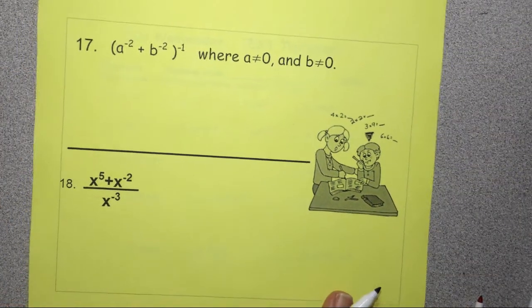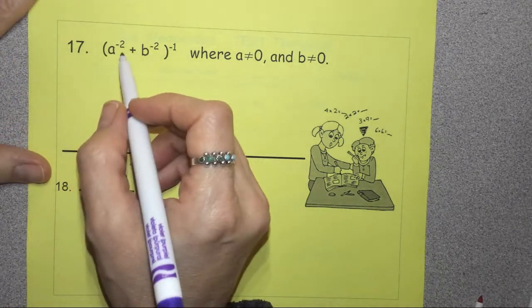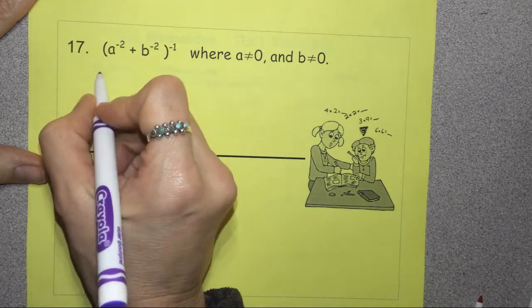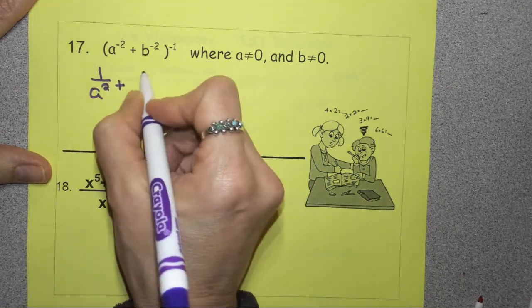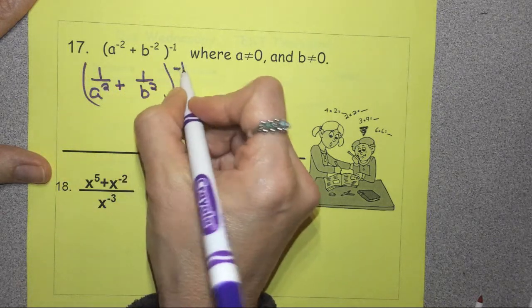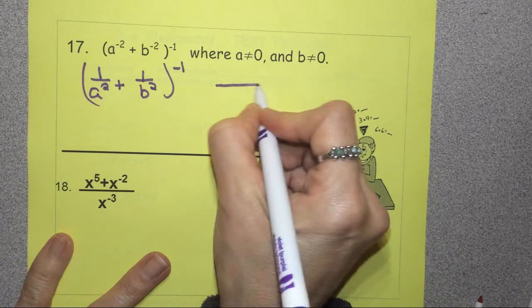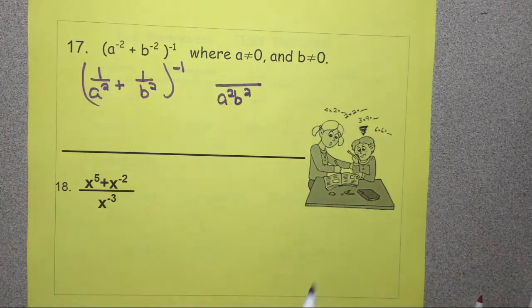Okay, so 17 and 18 are practicing what we just did one more time. On 17, I'm going to take care of the inside first, just like we did a second ago. So 1 over a squared plus 1 over b squared. My new denominator, I'm going to multiply these 2 together and get a squared b squared.